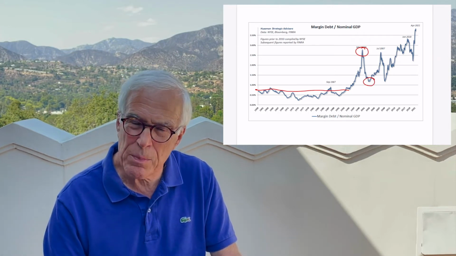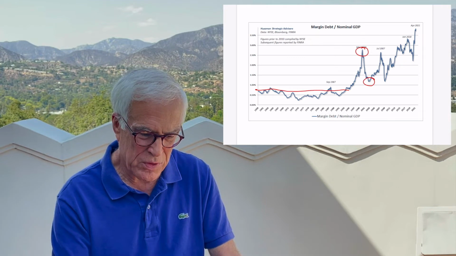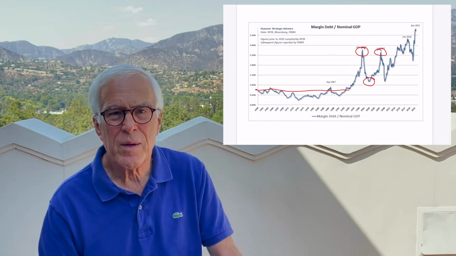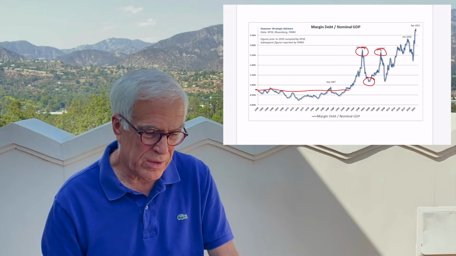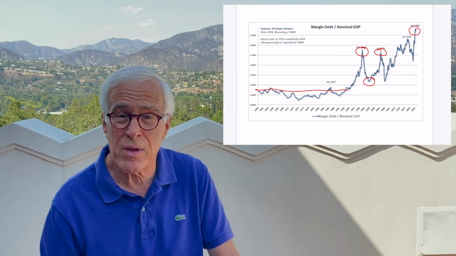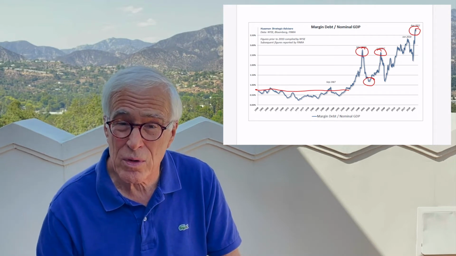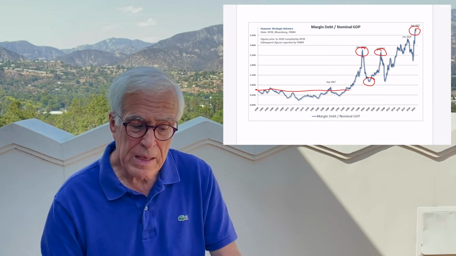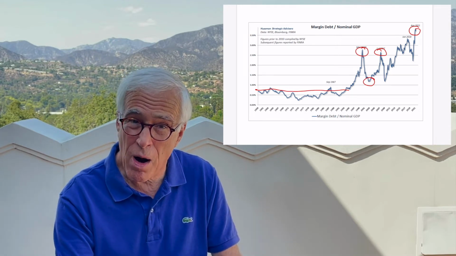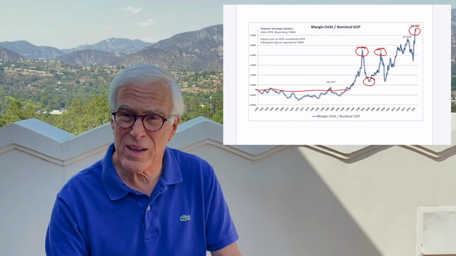And then it runs up again during the housing boom to about 2.5. But now it's at an all-time high. It's over 3.5, 7 times higher than it was during the early 80s. So it's consistent with the view that people are borrowing money to invest in the market.